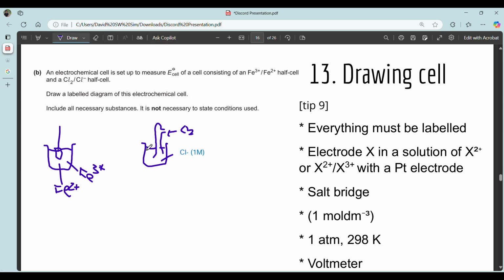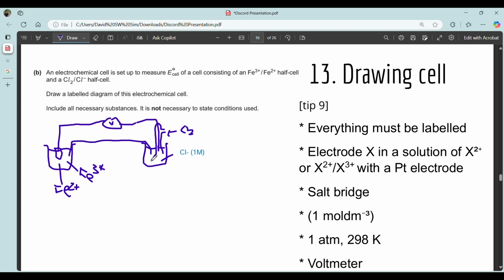And within the gas supply, we add a platinum electrode. So now we connect the two electrodes using a wire which is connected to a voltmeter or a galvanometer, and a salt bridge.